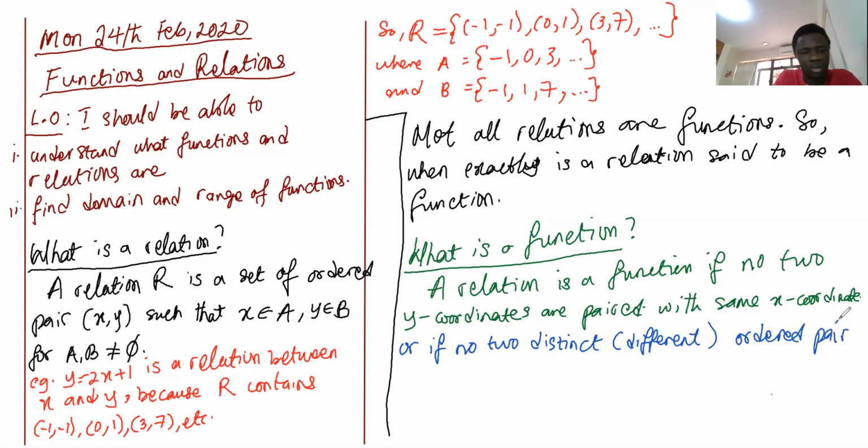By ordered pair, you know I mean (x, y), right? If no two ordered pairs have the same x coordinates.